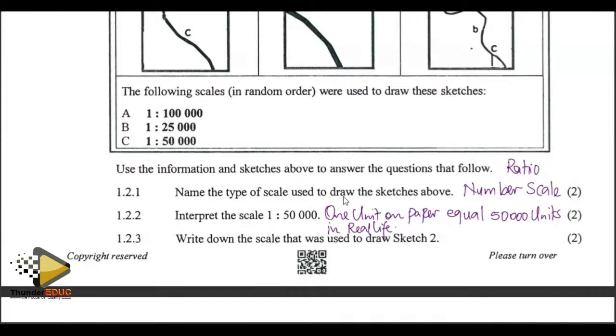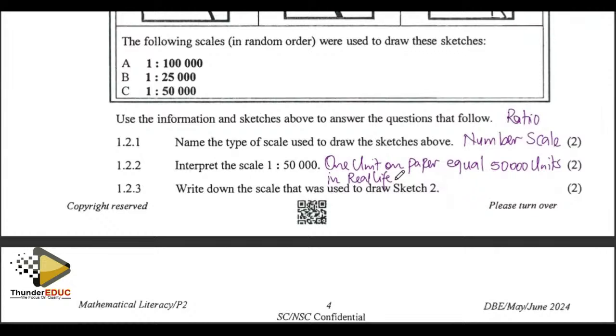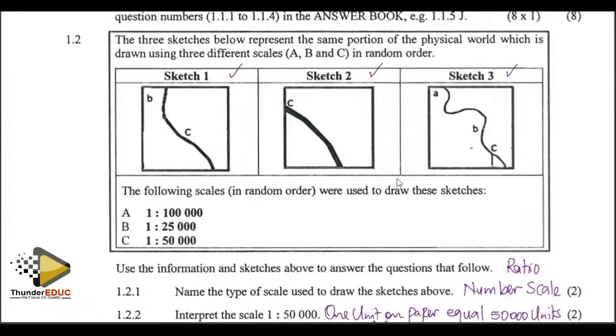Write down the scale that was used to draw sketch number 2. Now, when you look at sketch number 2, it's really enlarged, like it's this other part of the diagram. You see that this part from here up to there is what is drawn. So for sketch number 2, we shall take the smallest, which is B. Why?